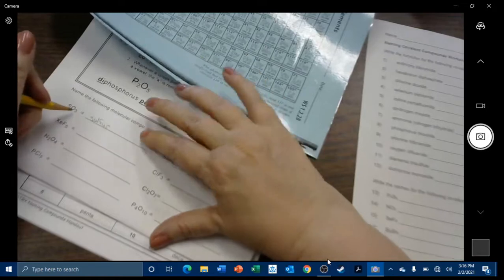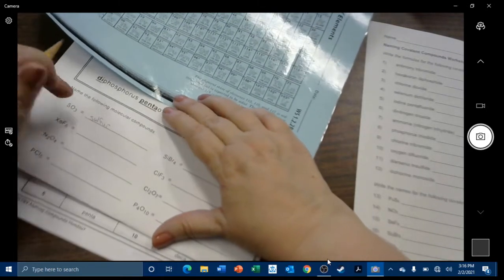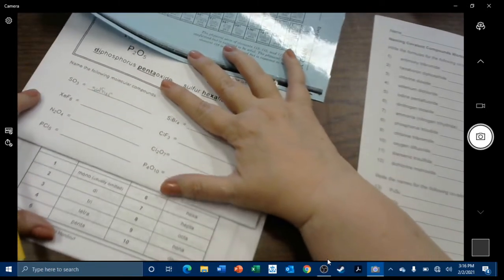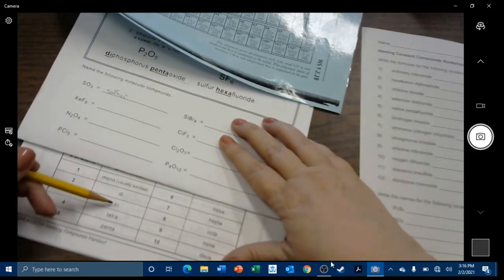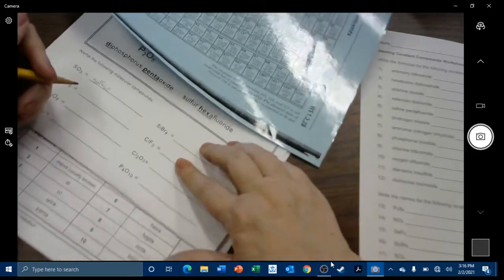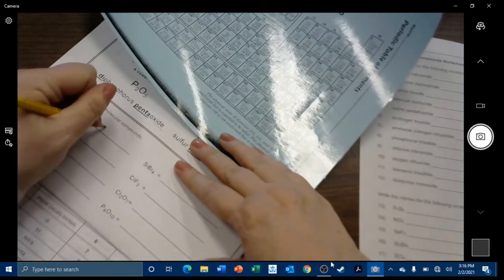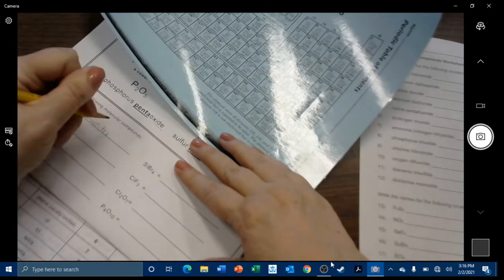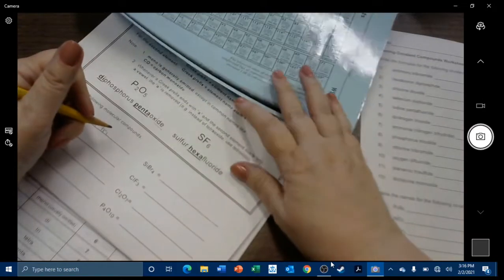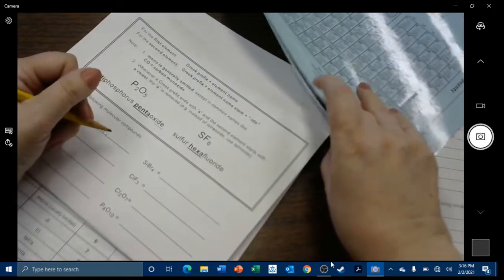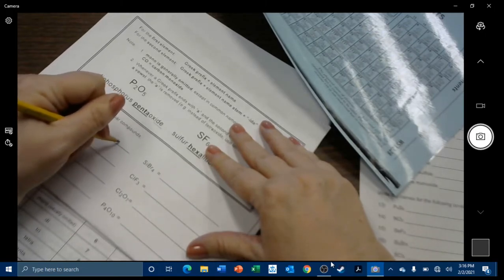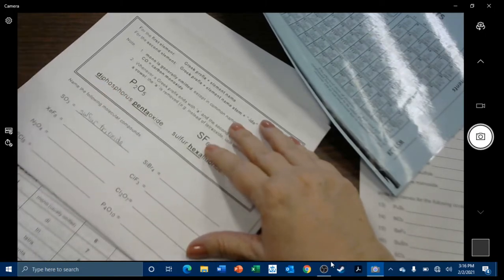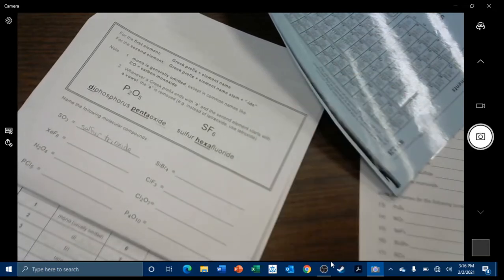Then we have oxygen, and there's 3 oxygen. I'm going to look here, and it says 3 is tri. So I'm going to put tri, and it's going to be oxide because you have the IDE. And that's how you do it.